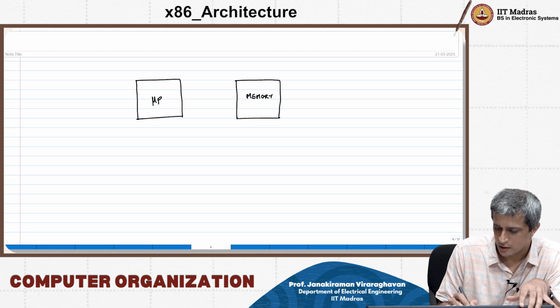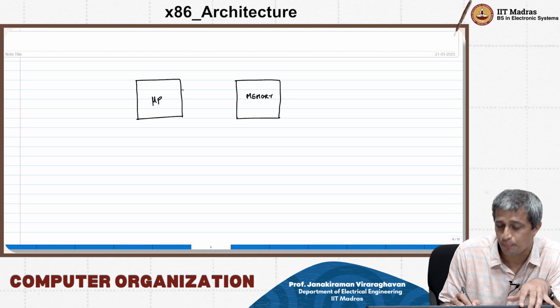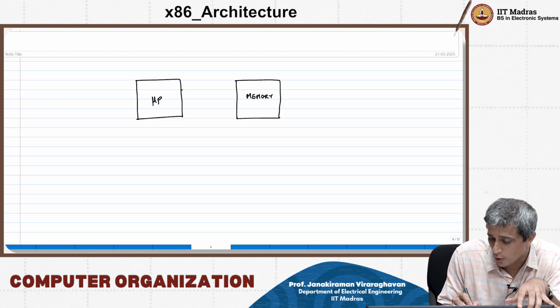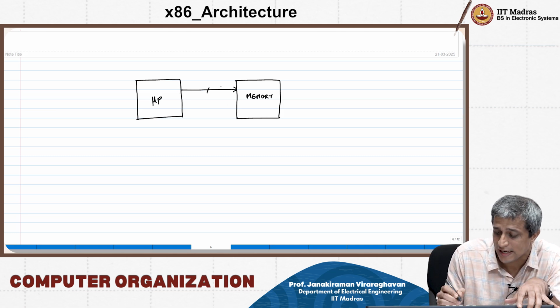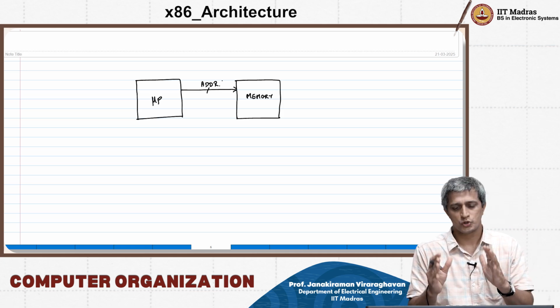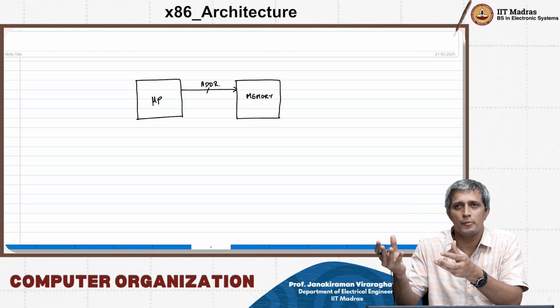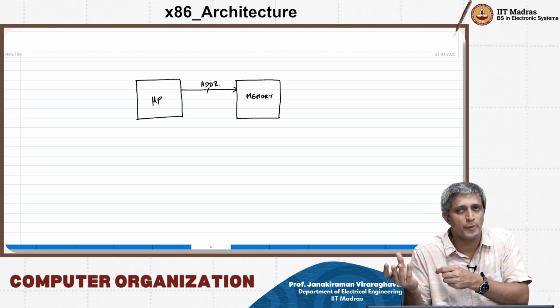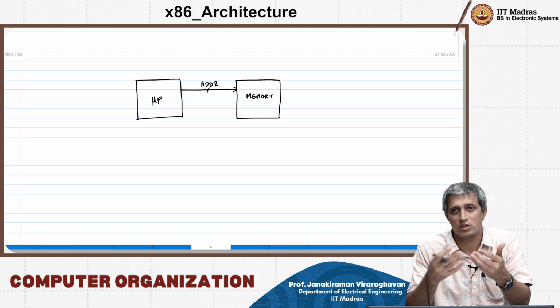The EIP is actually going to tell you where the next instruction is. So what is stored in the memory? This is called a code memory because it's actually storing the code or the program.